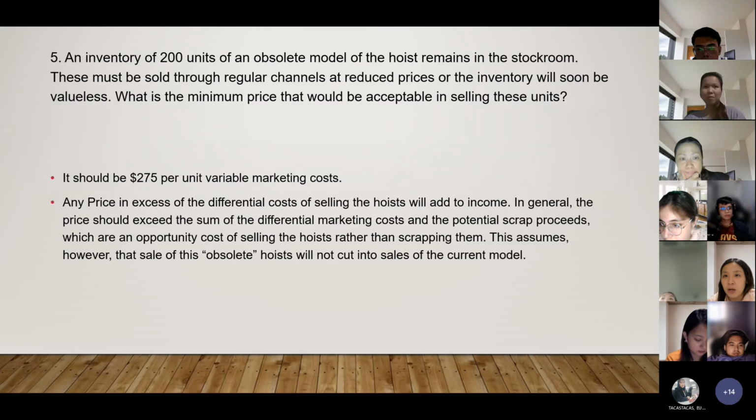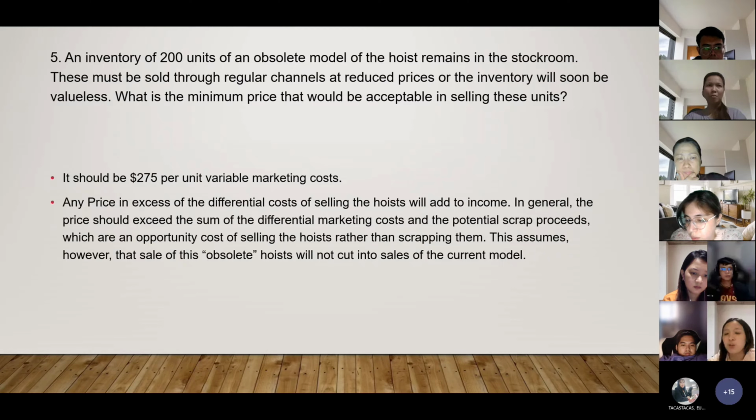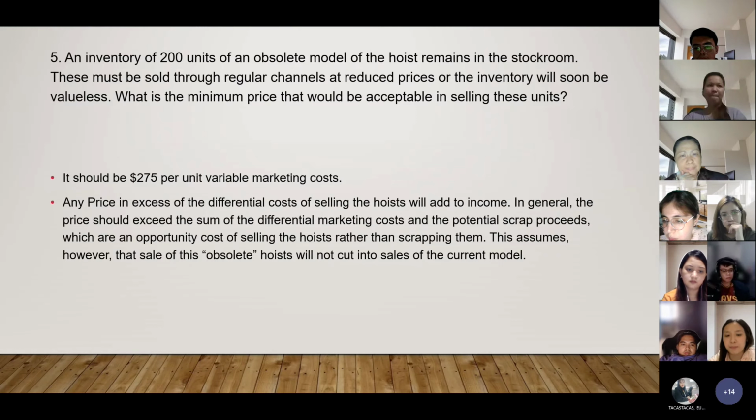How do we arrive at 275? Because that is the marketing cost for a hoist. So we just want at least any selling price above the differential cost, which would automatically be considered income, because the 200 units have to be sold through a regular channel at a reduced price.